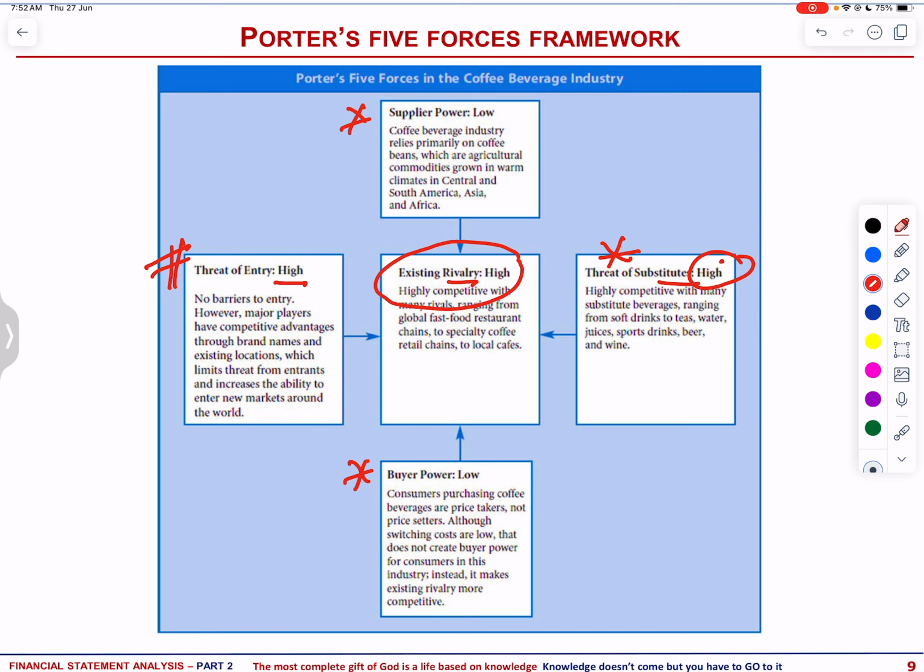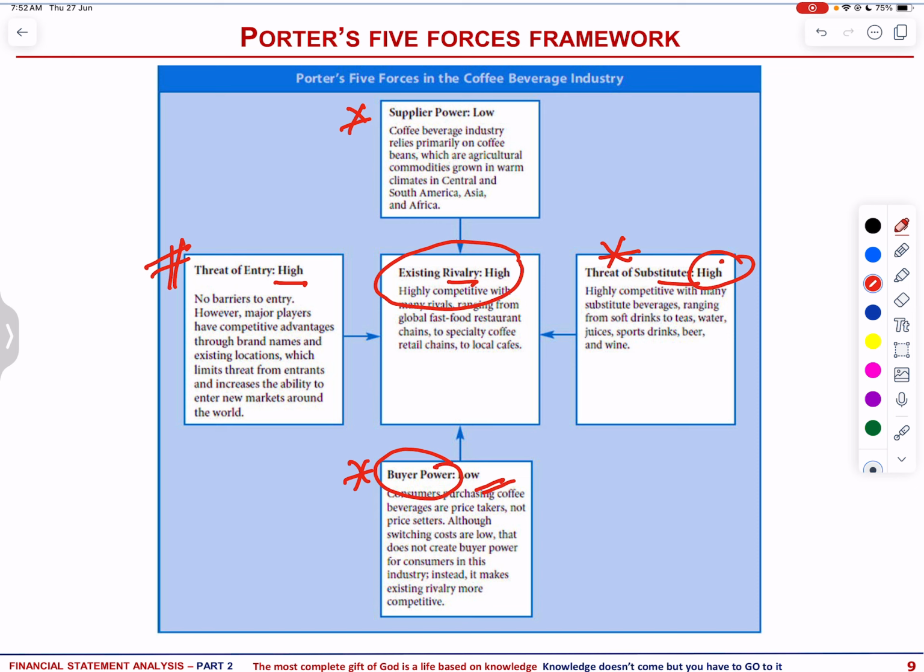Then, buyer power is low in the coffee beverage industry, as although the industry is competitive with many rivals and substitutes, individual consumers buying coffee are generally price takers rather than price setters.